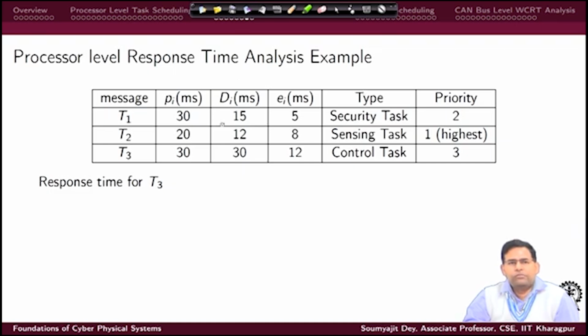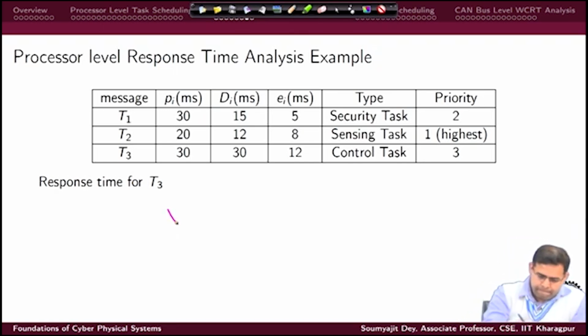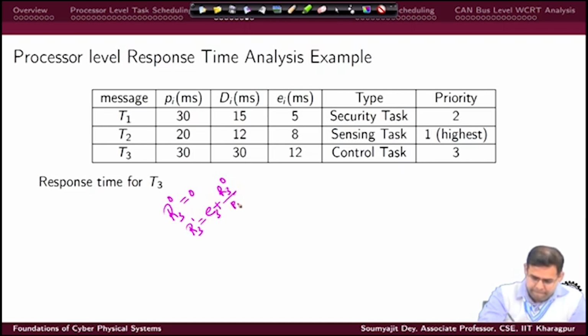Now, what about T3, right, with period equal to deadline equal to 30, and we want the response time to be less than that. So, let us see. For T3, if we just try to compute that value, the 0th estimate is of course, we can either write this or we can just do the other, that means interference of the second task, interference of the first task, but of course, I have taken this to be 0.